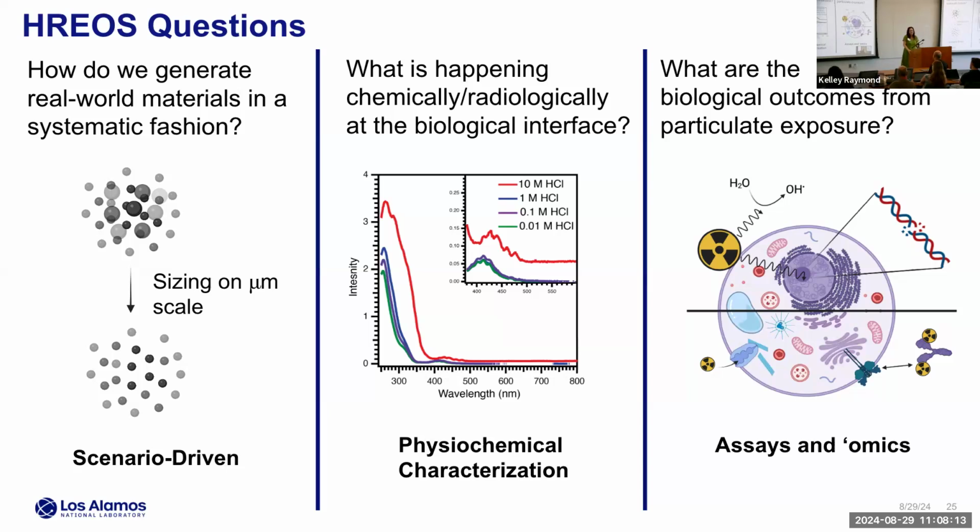We wanted to find out what's happening at the biological interface. How do you get these metals to dissolve in biological media? That was a fun one. And then, of course, what's the biological outcome of particulate exposure for things like fallout.